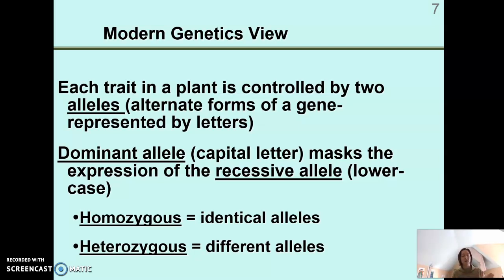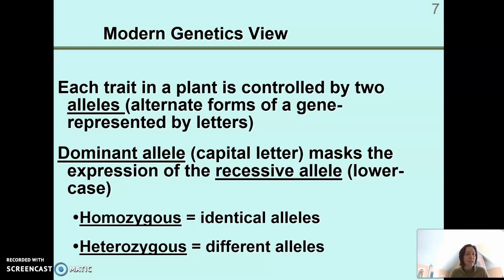So if you have one dominant and one recessive allele in an individual, one of each, the dominant allele is going to be expressed. Okay, the recessive allele gets hidden. It's still there, but you just can't see it. So we call that homozygous when you have identical alleles and heterozygous when you have two different alleles. So having a dominant and recessive allele is heterozygous.